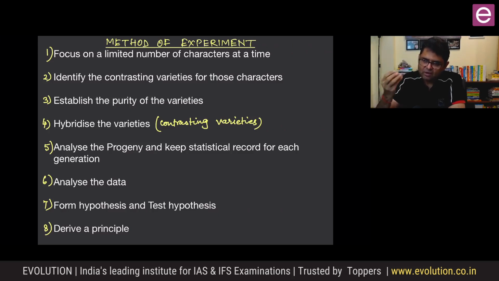Let's say on the round versus wrinkled shape of the seed, he carried out an experiment, and he came up with a conclusion of dominance. Then he tried to repeat it on tall and dwarf, green and yellow seed, and so on, so that he's testing the hypothesis. And once his hypotheses were validated, he derived a principle. Such was the meticulous approach Mendel followed.